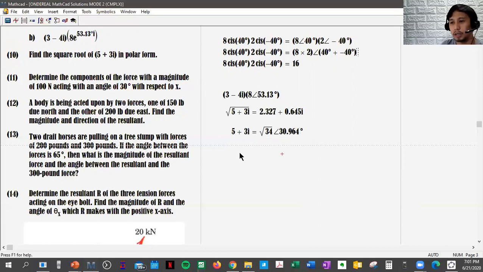Now, if we are to take the square root of that, take note, square root means its index is equal to 2.